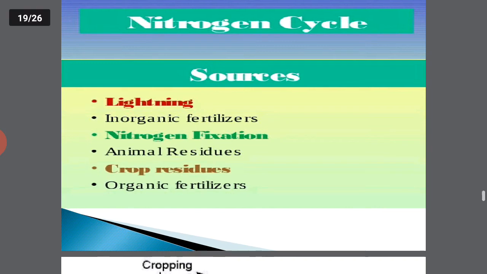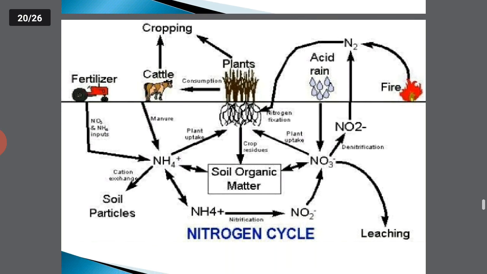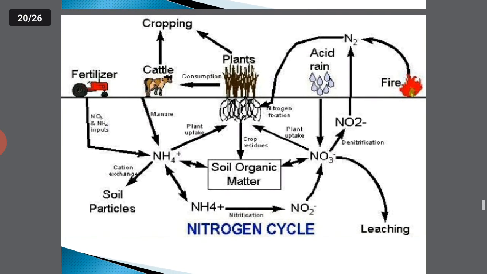You can see the diagram, it will help you understand it in a better way. Fertilizers, cattle, waste residues, plants, acid rains, fires, soil organic matter. This comprises the process of the nitrogen cycle.